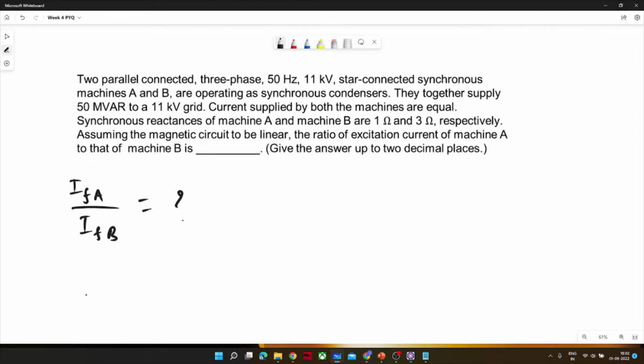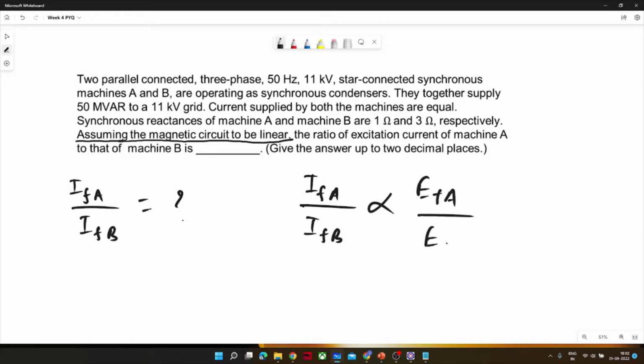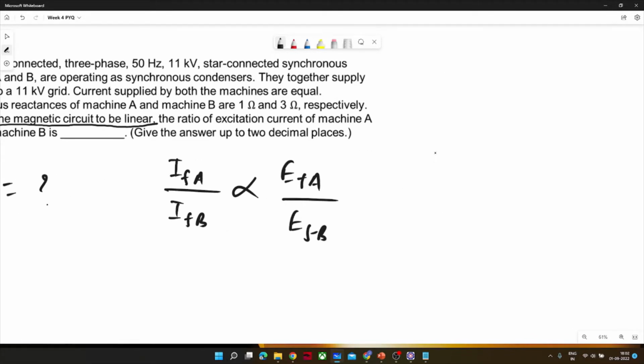But one piece of information is given: we can assume the magnetic circuit to be linear. It means IFA by IFB would be directly proportional to EFA by EFB. What I mean to say by this is, if you plot the OCC curve, EF versus IF, the open circuit characteristics, it would be linear.